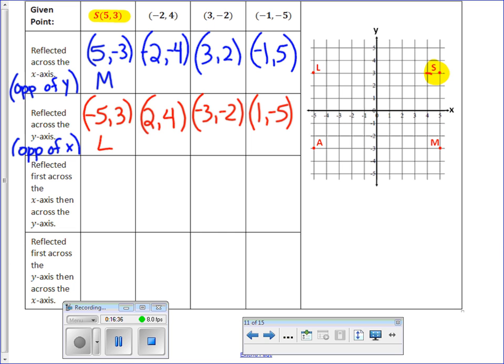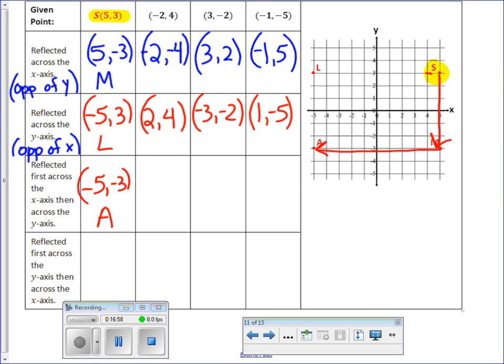Now, we're going to do a double reflection. I know. You ready? So first we'll reflect over the x and then reflect over the y. And we end up at point A, which is negative 5, negative 3.